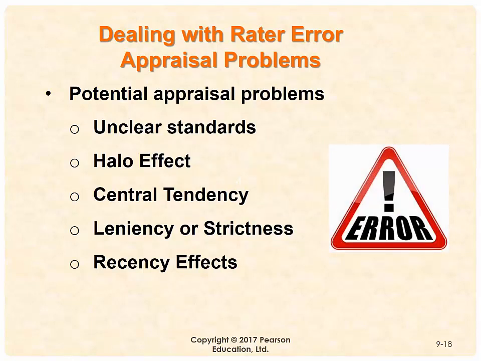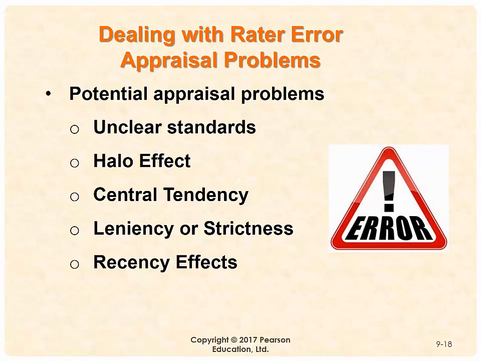When you are going to rate the performance of your employees, you are facing different problems. These are known as appraisal errors, because when you are conducting appraisal, you are facing different errors.